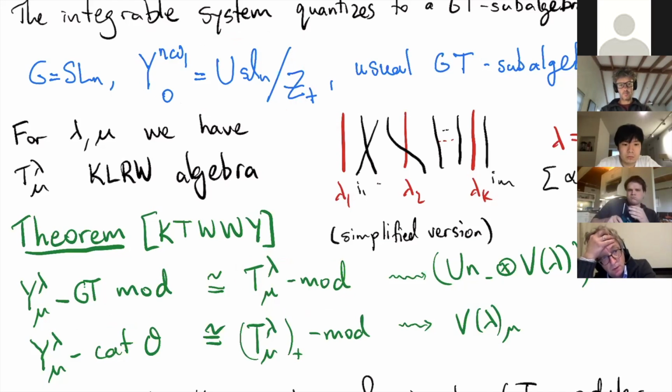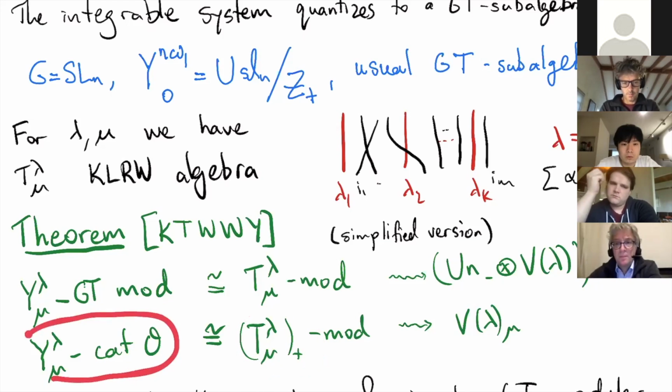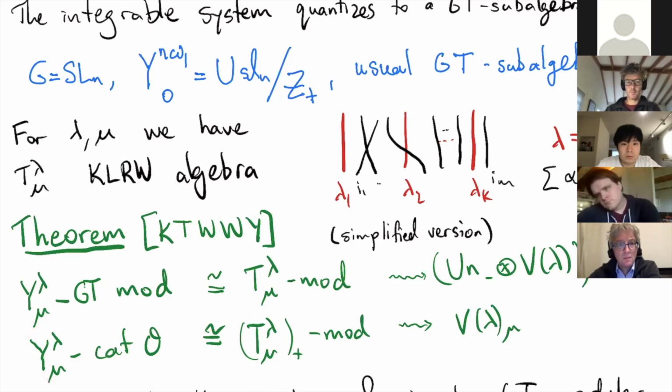So there's sometimes a condition, which is what I denote here. So this is the quotient of the KLRW algebra by the ideal generated by diagrams where at some point the leftmost strand is black. If I quotient by that, I get a quotient algebra, which I denote like this. And we proved that the category of those modules is equivalent to category O for this Y lambda mu.